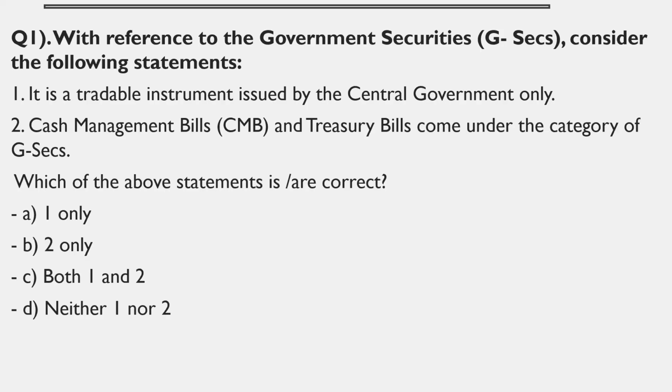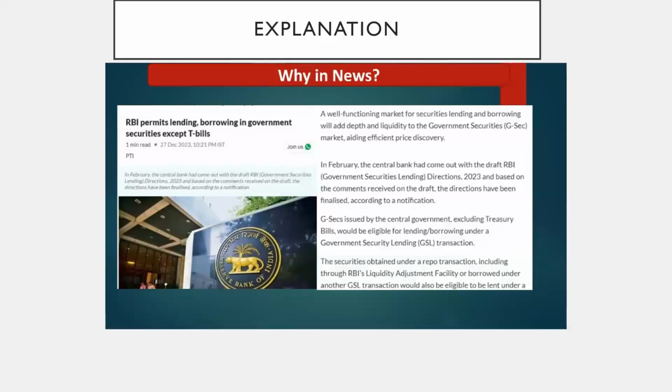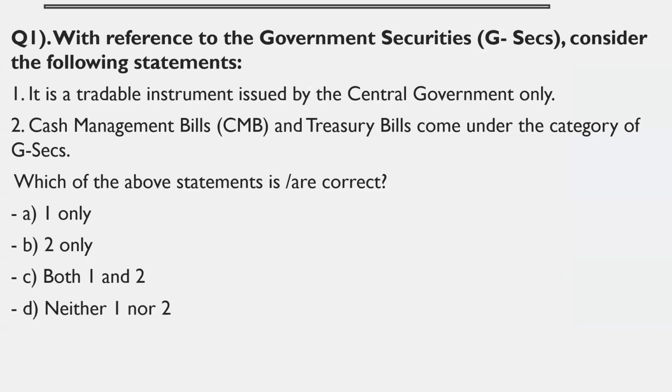First question is about the GSEC, that is government securities, because recently RBI permitted lending and borrowing in government securities. Very important topic, what exactly this GSEC word means. You can read the statements here. But before that, let me tell you about GSEC bonds and how they work.